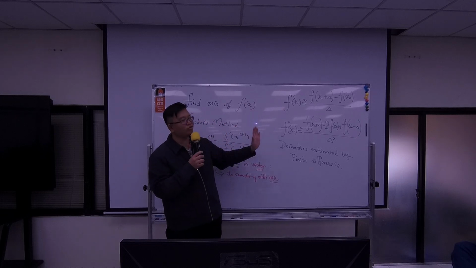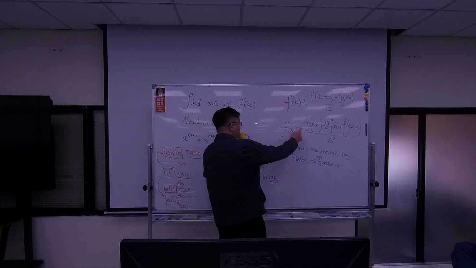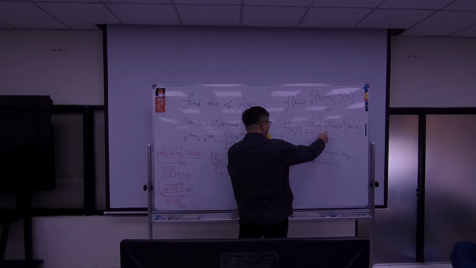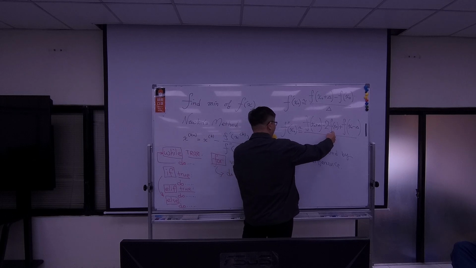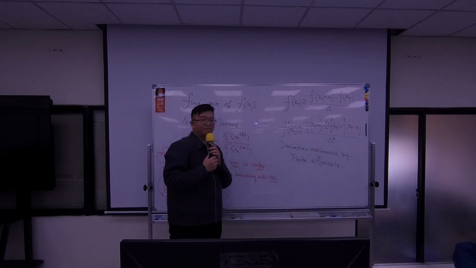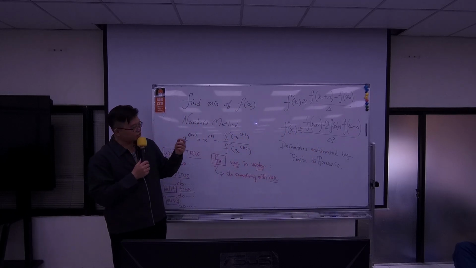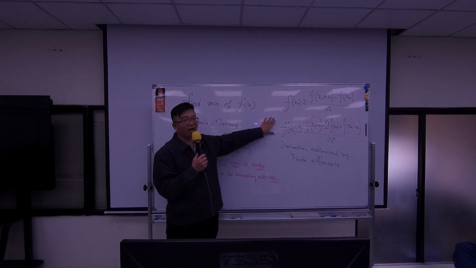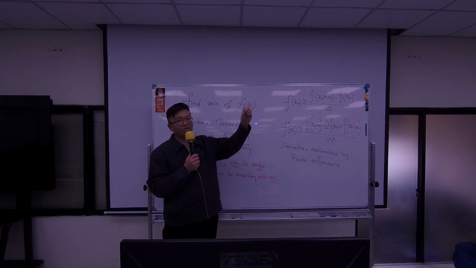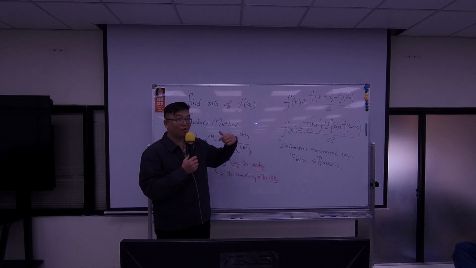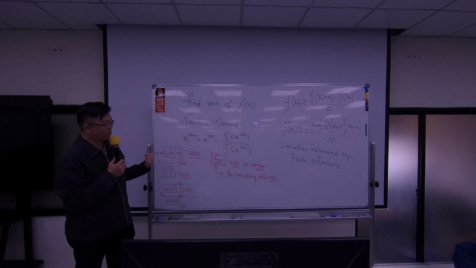So I'm going to tell you the equation: f of x plus delta, minus 2 times f of x, plus f of x minus delta, divided by the square of delta. Basically this equation is done by performing finite difference twice. I'm going to show you how we can do this in Python.